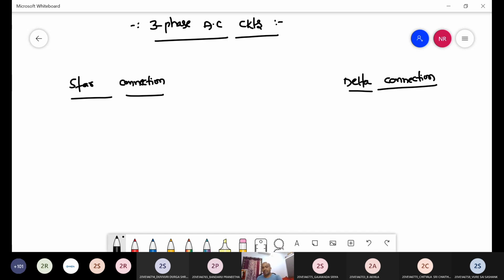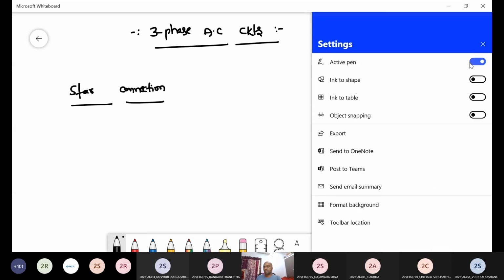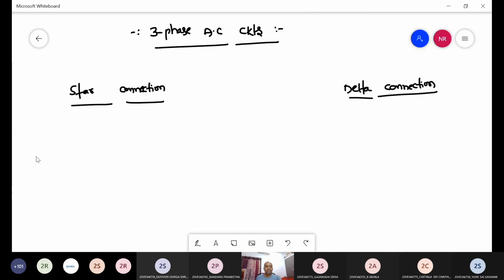We have to see, either in star connection or in delta connection, the relation between the phase value and line value. So the first point is phase value and line value.